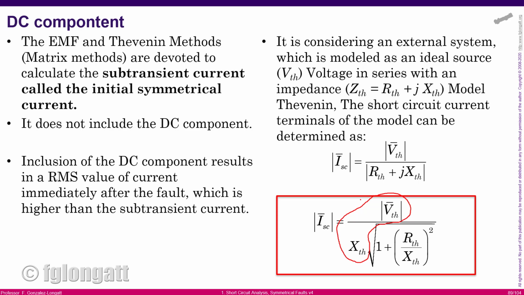The marks that I put over there are the short circuit current calculation without considering the DC component. And inside this square root, you have a term that defines the ratio between resistance and reactance. That is what is affecting the DC component.